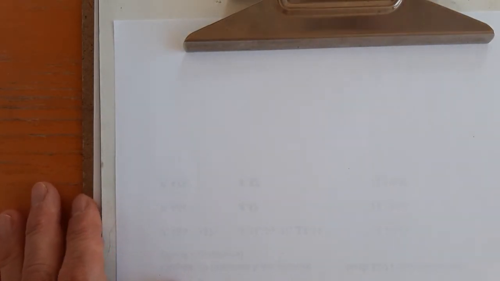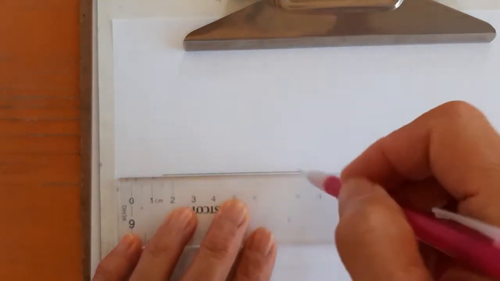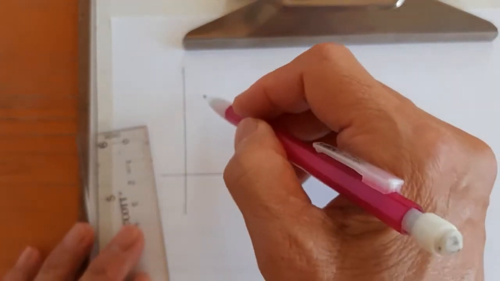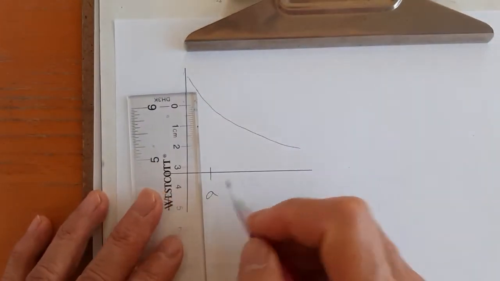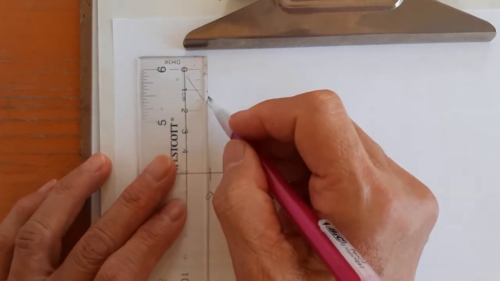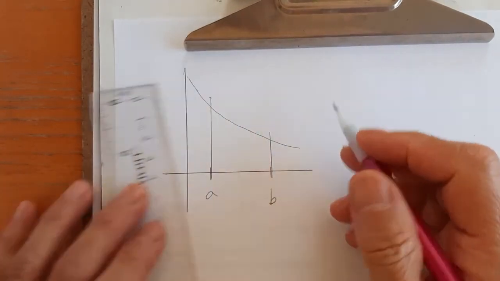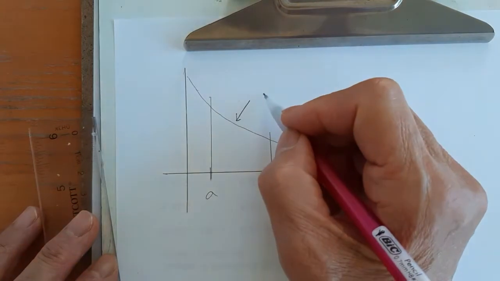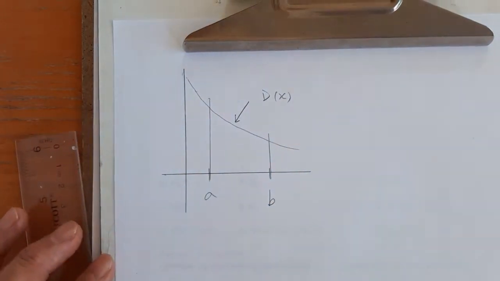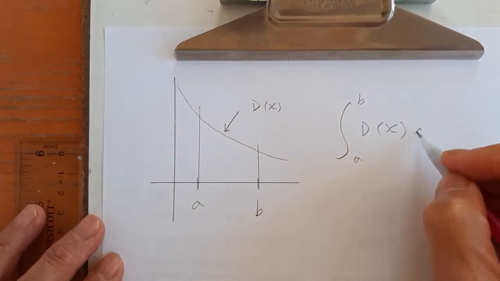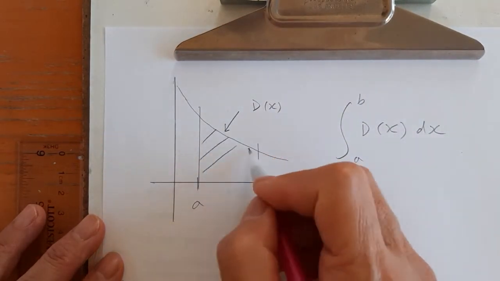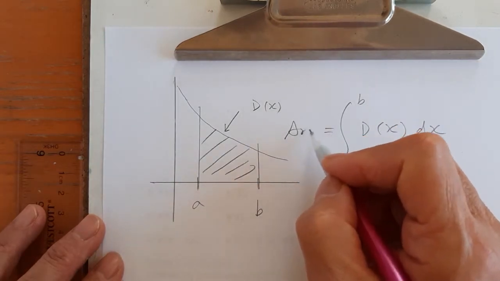Given a demand function, which is a decreasing function, from a to b, if you take the integral of this demand function D of x dx, it is going to be the area under the curve.